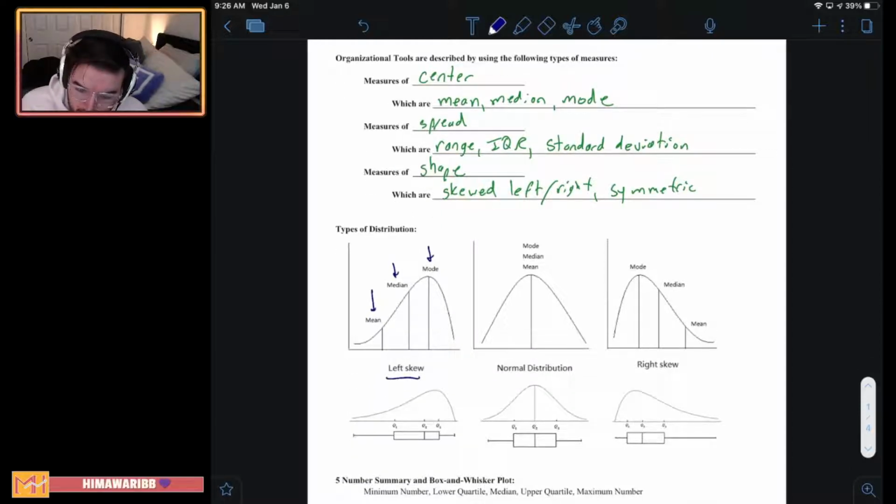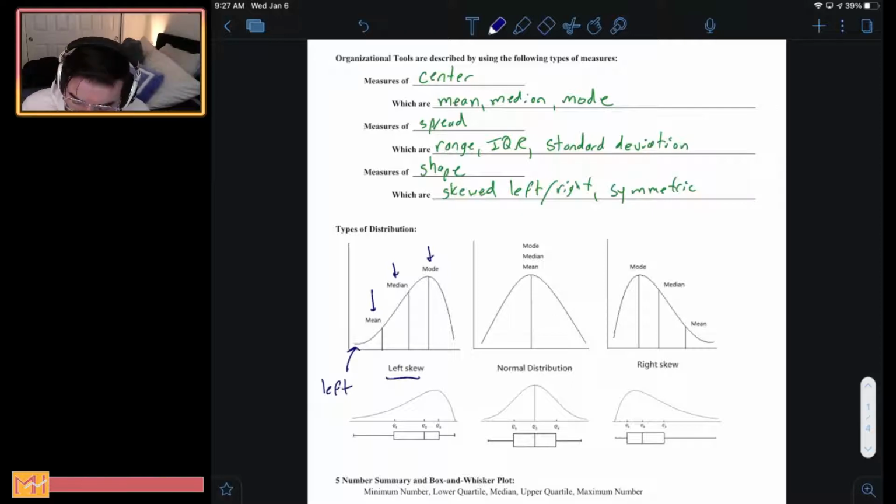Why is this left skewed? Because there is a tail on the left. The hump is on the right, but when we say skewed, we're talking about where the tail is. So that's left skewed, and visually, that's why something is left skewed.